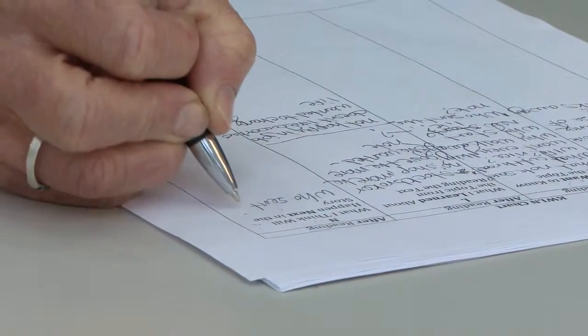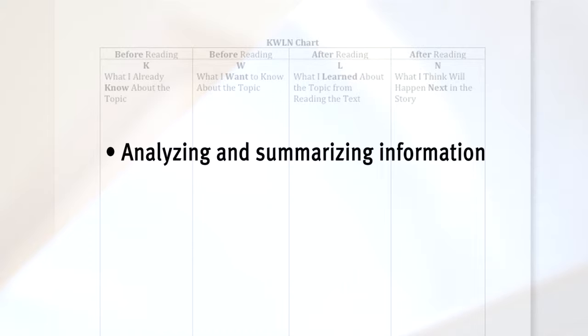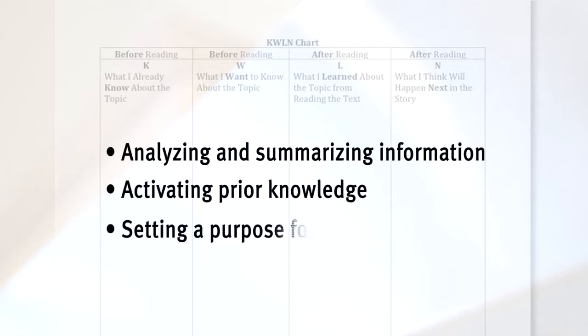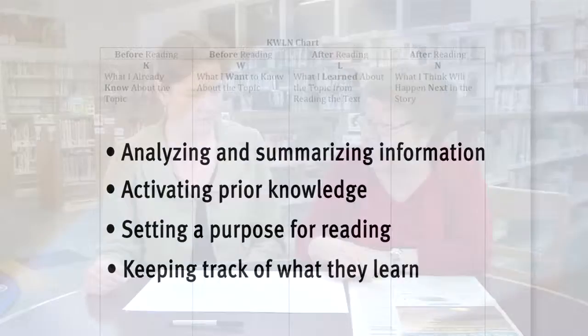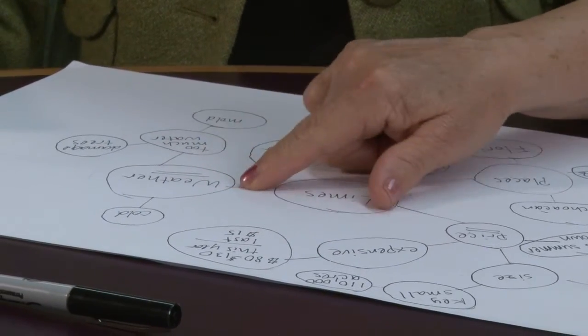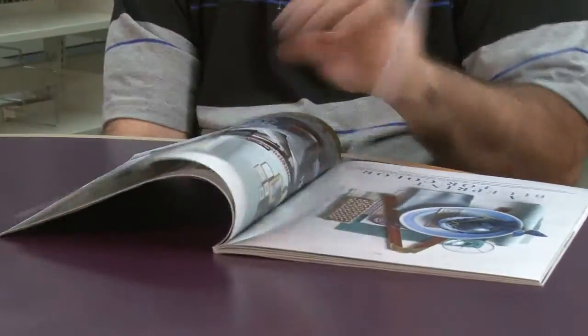Adult learners may find graphic organizers useful for the following tasks that help improve reading comprehension: analyzing and summarizing information they need to learn, activating prior knowledge, setting a purpose for reading, and keeping track of what they learn. The goal of practicing reading comprehension is for your learner to master and internalize more and more comprehension strategies to choose from and use in a variety of reading situations.